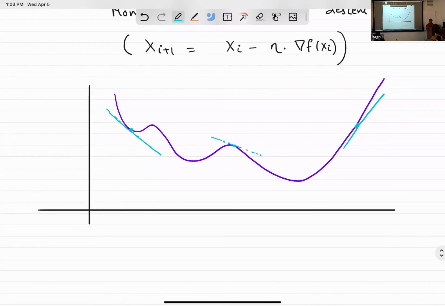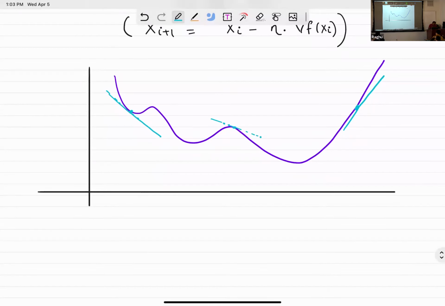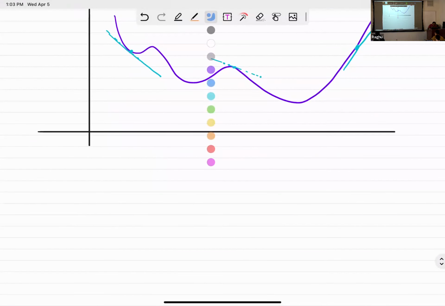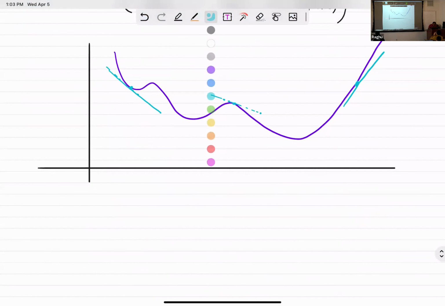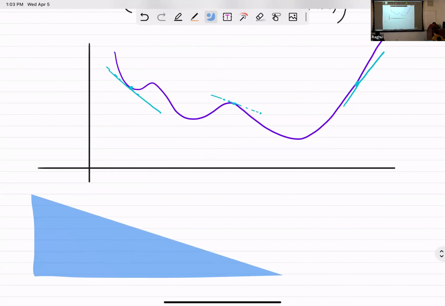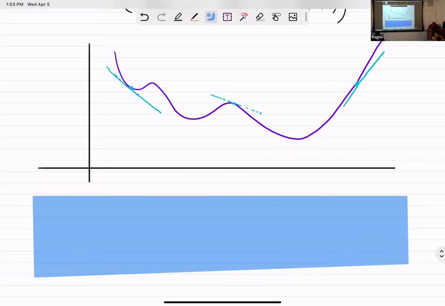Now, how about smoothness? What does smoothness tell me about the curve pictorially? It actually tells me something very nice, and this is an important property of smoothness which gets used all over the place.